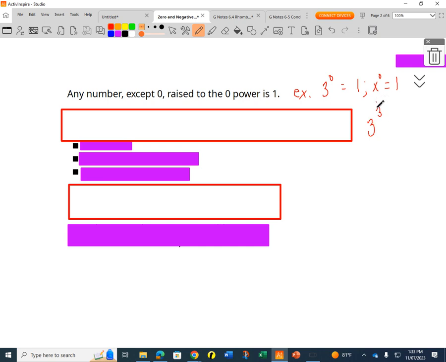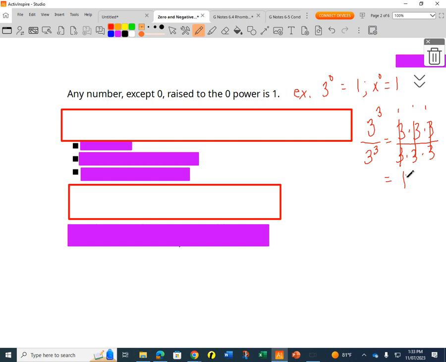Or you could say 3 to the 3rd power divided by 3 to the 3rd power. So that's the same as 3 times 3 times 3, all divided by 3 times 3 times 3, right? We simplify each of those, it equals 1. We know that anything divided by itself equals 1, right?